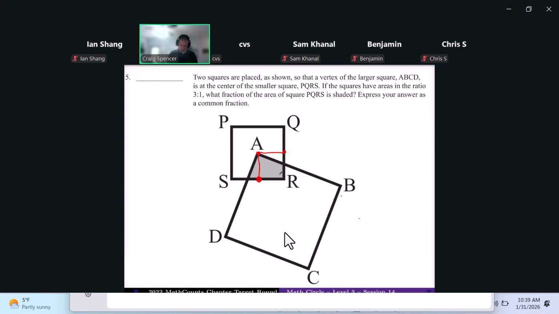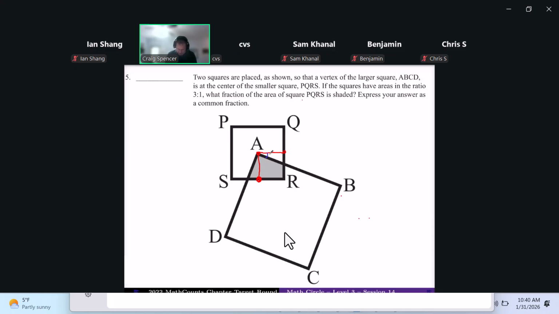Now, we've got this triangle that's shaded in, and this triangle here that's not shaded in. If you don't have time and you want to guess, it might be reasonable to guess that this triangle looks pretty much the same as the other triangle. But we can actually see that it's true.